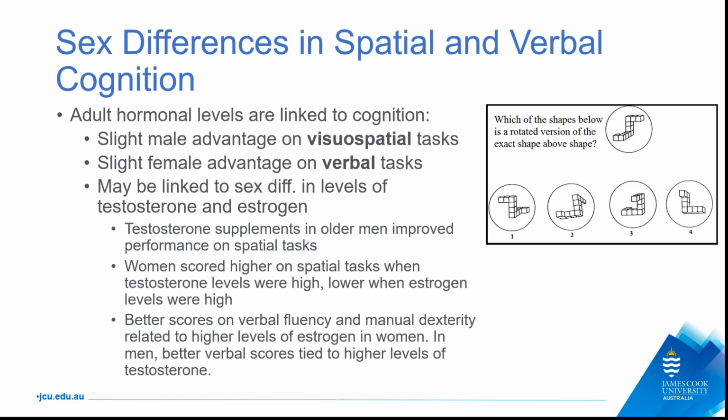This is a usual mental rotation task, called the Vandenberg mental rotation task. It was created in the 70s and is still used today, but today it's more of a virtual reality version. When it started, it was pen and paper. And there's a slight female advantage on verbal tasks. Females tend to be more fluent verbally. They tend to remember more words.